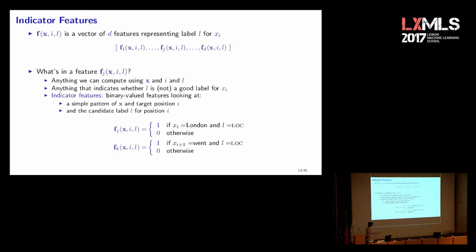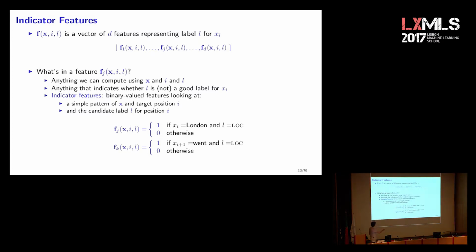What is very common in NLP since the early 90s is to use what are called indicator features. These are binary-valued features looking at a simple pattern of the input, the position, and the actual label. Let me give you a couple of examples. If you haven't seen this, it might sound a bit strange, but I hope to make sense out of it.